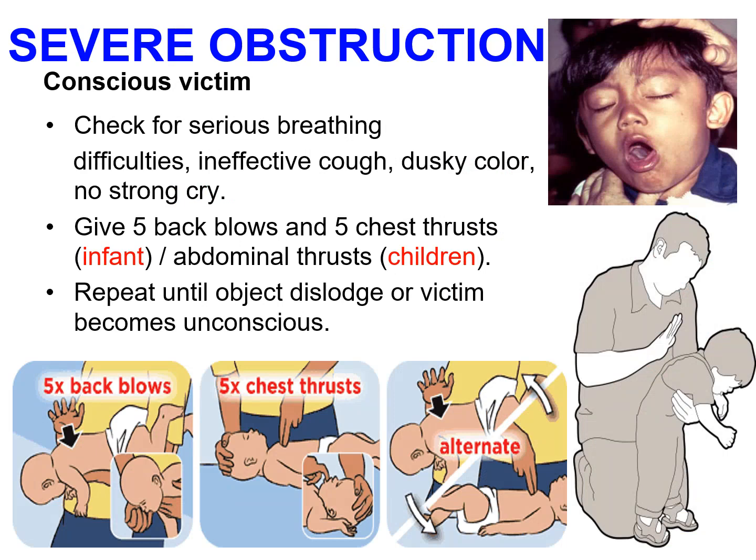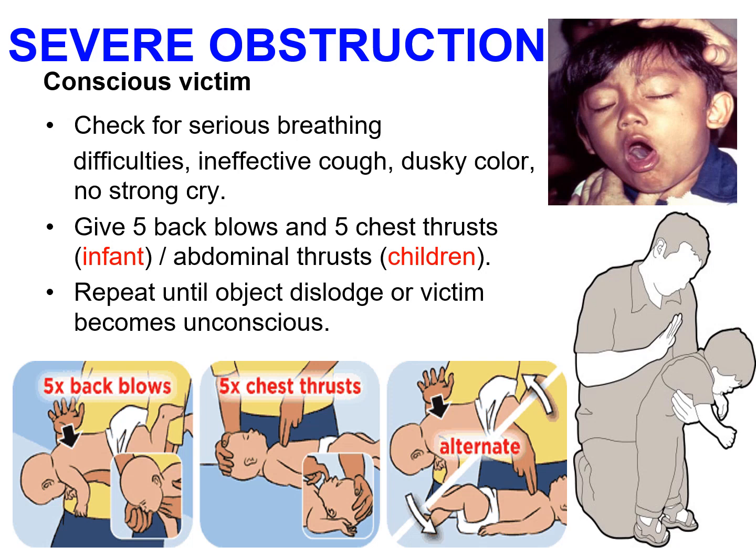Severe airway obstruction in a child or an infant is evidenced by serious breathing difficulties, an ineffective or weak cough, the child's skin or lips becoming dusky or bluish, or the infant having a weak cry.